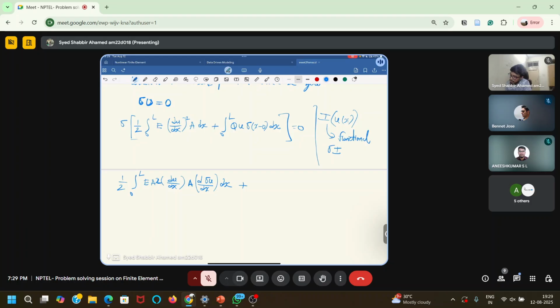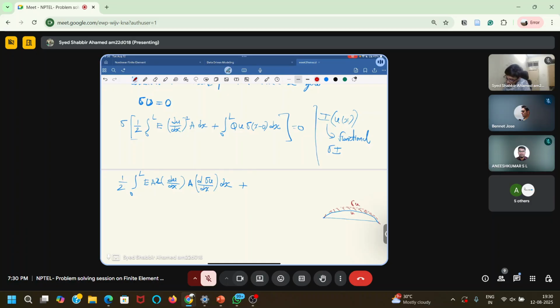We are applying variation only to u, because u is something we are changing. Let's say you have a bar or a beam, and this is your analytical solution. If you assume some other function over this whole domain, there is some variation, which you can represent as delta u.